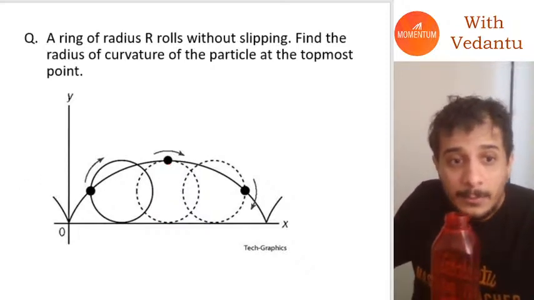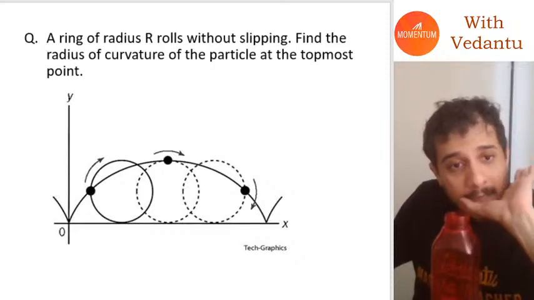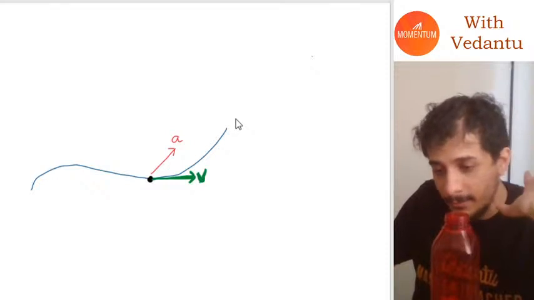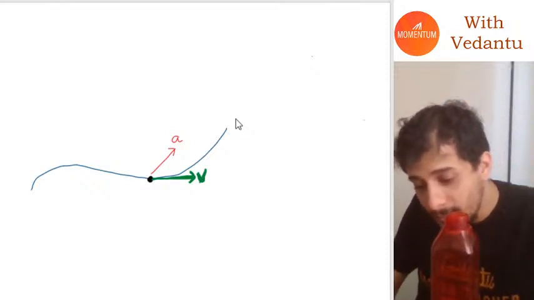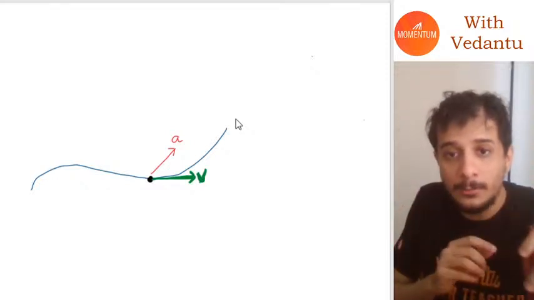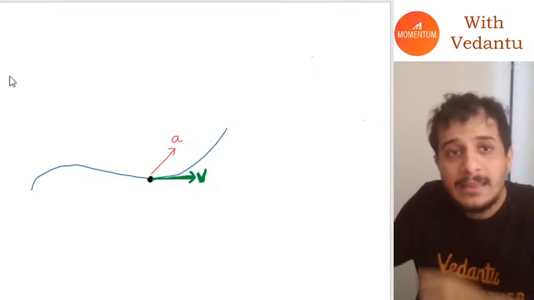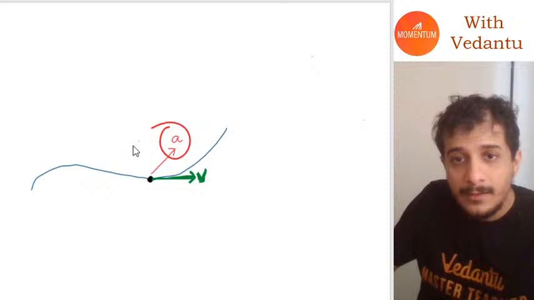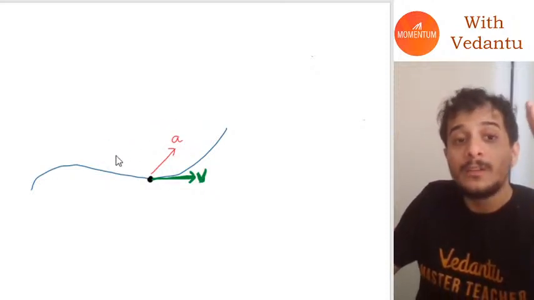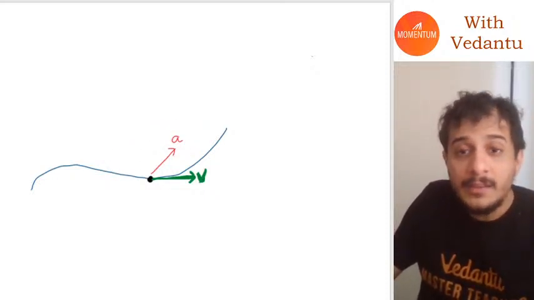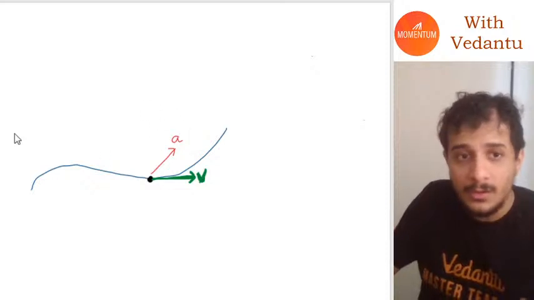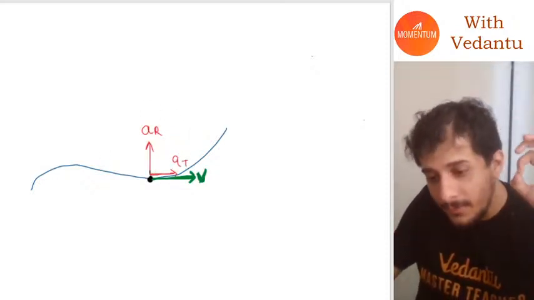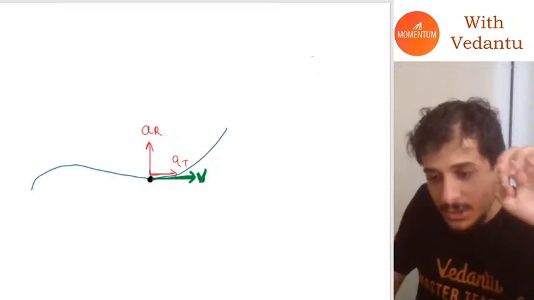Let me try to explain this first. Let's say I have a particle which is moving randomly on a blue path like this, and at any instant this particle has velocity v and acceleration a. Now at this instant, this acceleration can be divided into two components, the radial part and the tangential part.